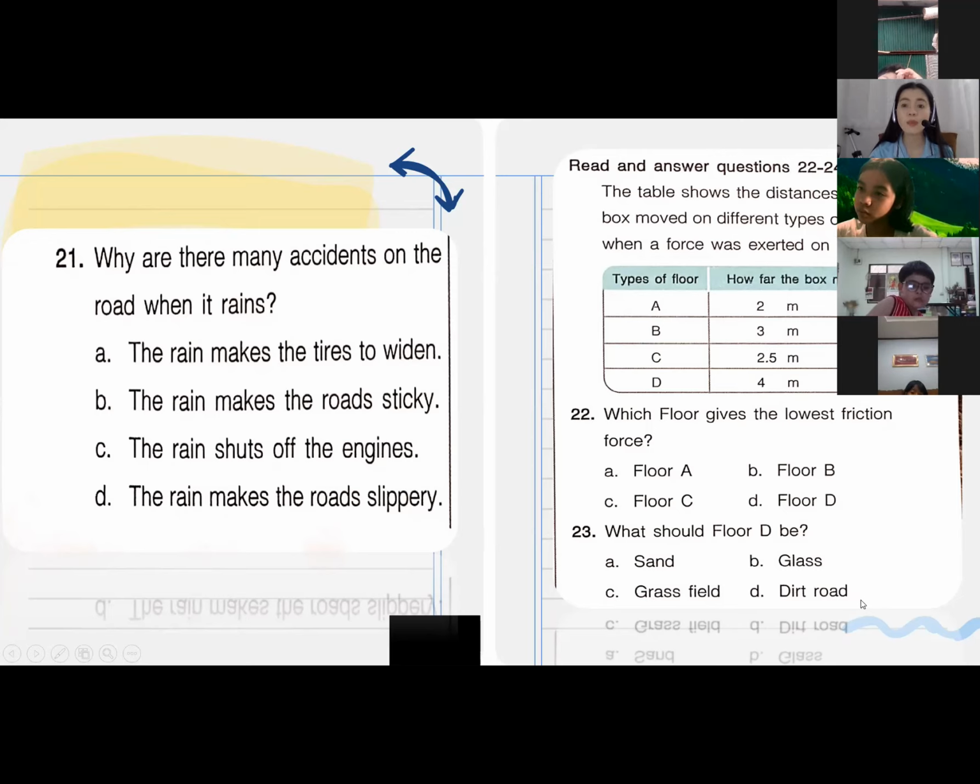Which has the smoothest surface? A, B, C, or D? 10, 9, 8, 7, 6, 5, 4, 3, 2, and 1.